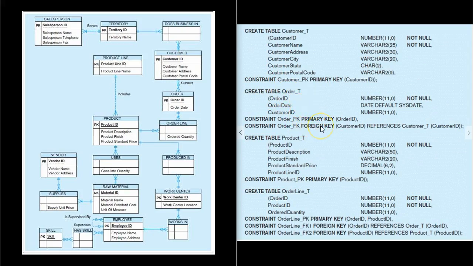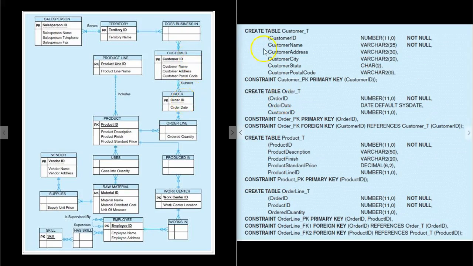And then you'll notice that within the creation of that order table, we're also creating a foreign key that goes back to the customer ID up in the customer table. So, of course, we have to identify the customer ID as an attribute and then define that attribute as a foreign key that references the customer table. And that establishes that relationship between the customer table and the order table.